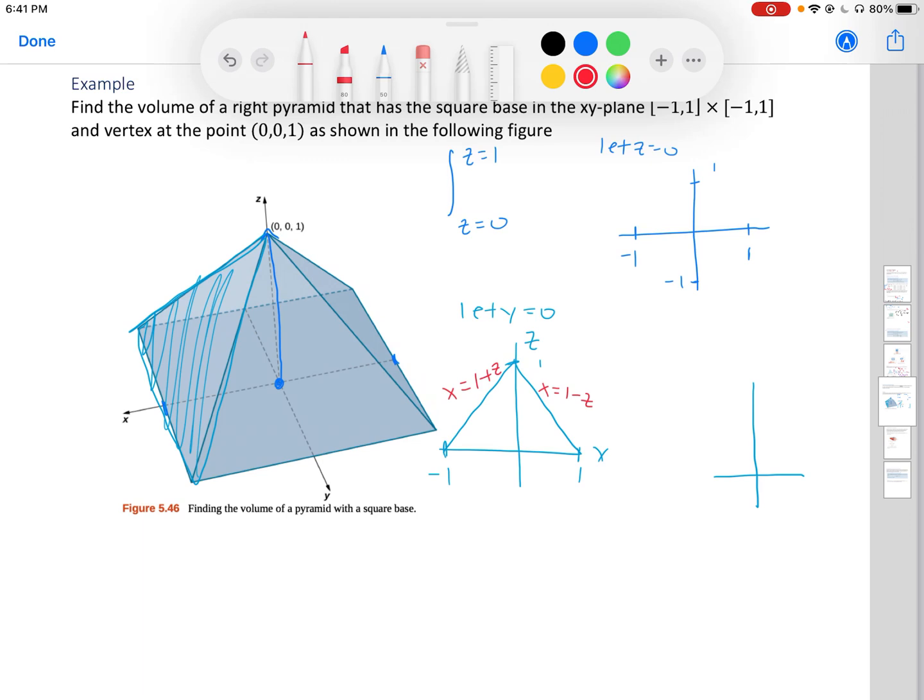All right, and then we also have the same triangular figure here with -1, 1, and 1, and that's z and that's y.